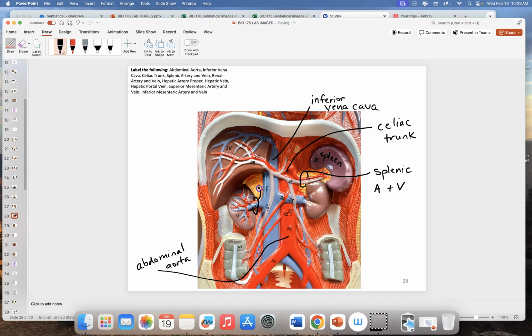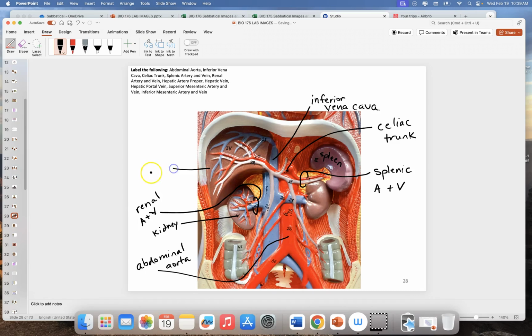And then we can kind of draw a line out here, indicating that this is going to be the renal artery and vein. And we can see the artery on top, and then the vein underneath. Again, this is the kidney. That helps us determine that this is the renal artery and vein.